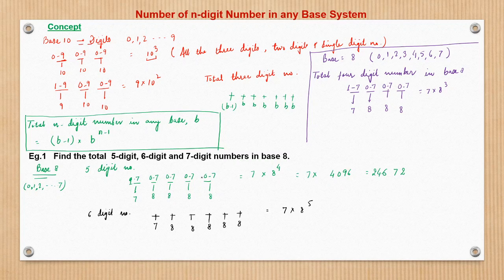Now the 7 digit numbers again, 7 digit numbers in base 8. So directly I can write now, it will be nothing but 7 into 8 raised to power 6, right? One place will take 7 values, the other 6 places will take 8 values. So this is the answer.